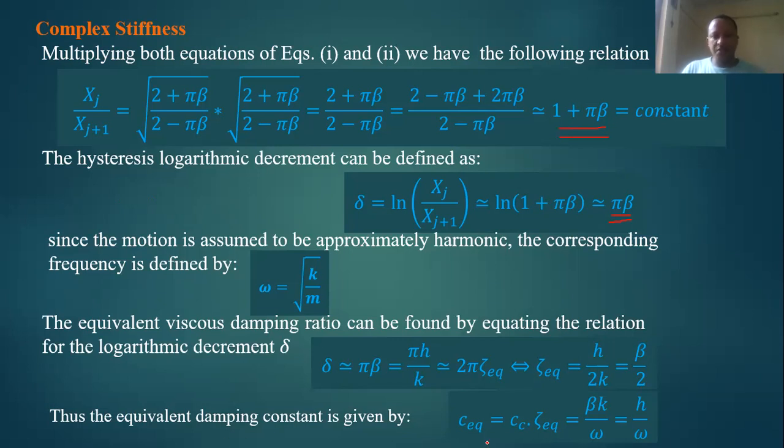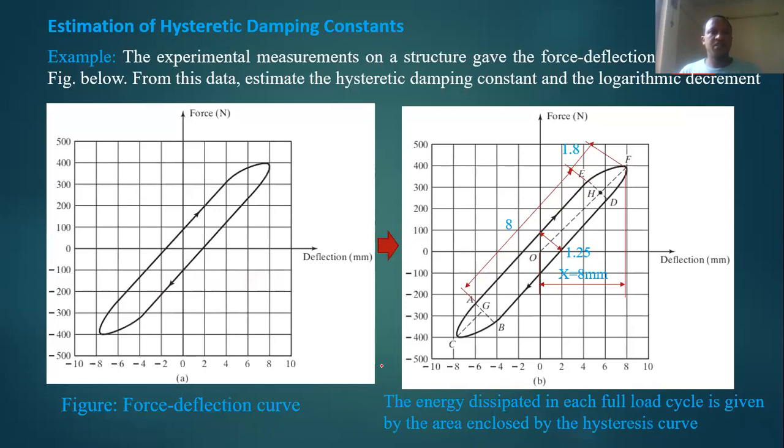And C equivalent, that is the equivalent damping constant, which is equal to C critical times zeta equivalent, which is Bk over W, which is H over W. These are the relations.